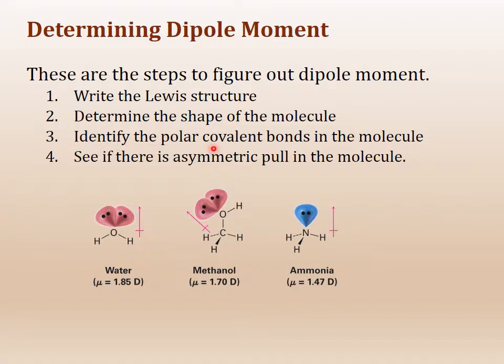The third thing is to identify the polar covalent bonds in the molecule. That is where you need the periodic table, and you need to know the difference in the electronegativity. You don't have to know the numbers. A general trend is good enough. And if you do a few examples, which means a few subtractions, then you can keep in mind which bonds are polar covalent and which are not.